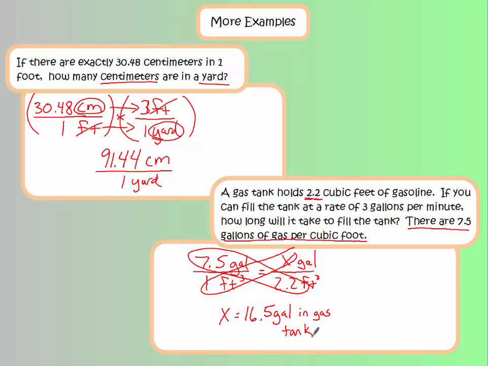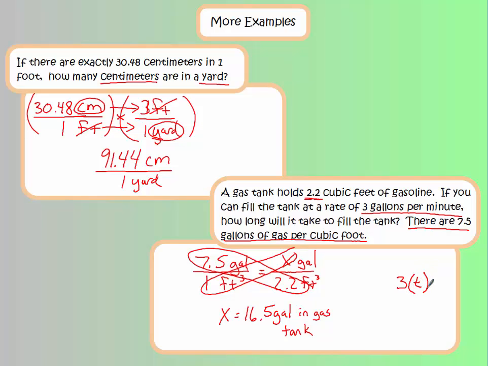Okay, so now I'm not done yet. It says if you can fill the tank at a rate of 3 gallons per minute, how long will it take to fill the tank? All right, so this is where this question gets a little bit tricky. I know that I can fill 3 gallons per minute.